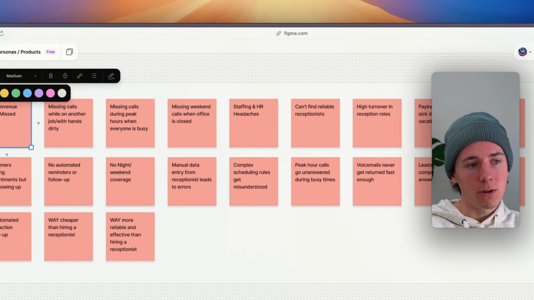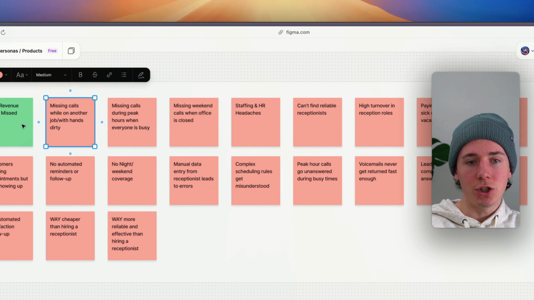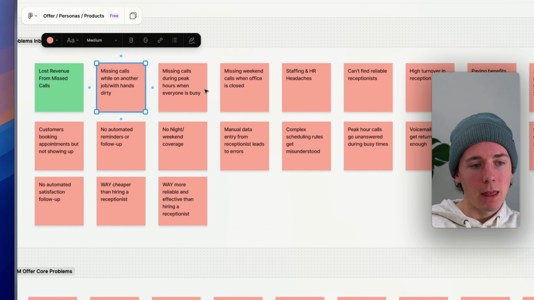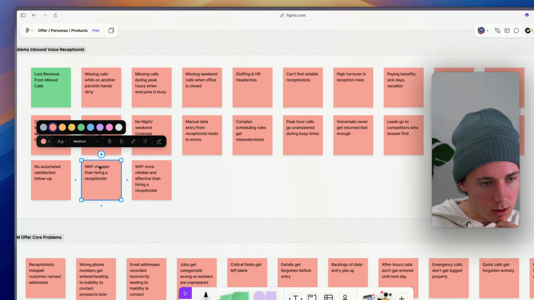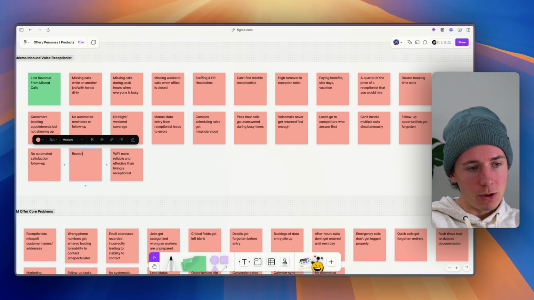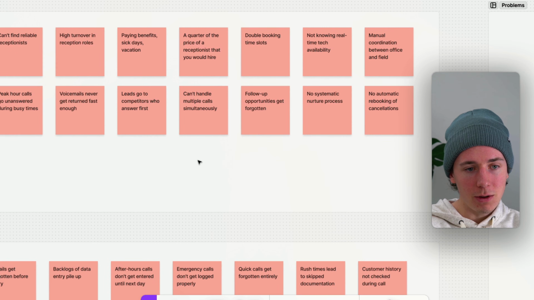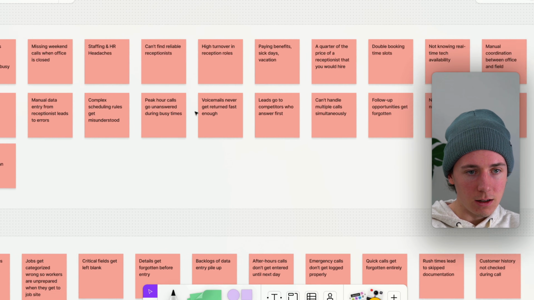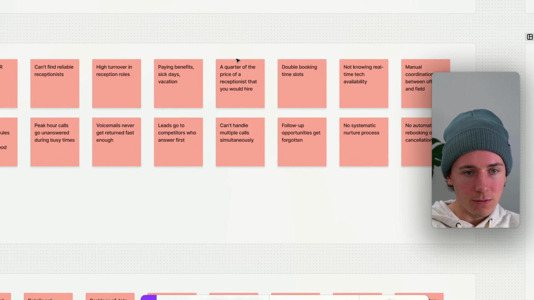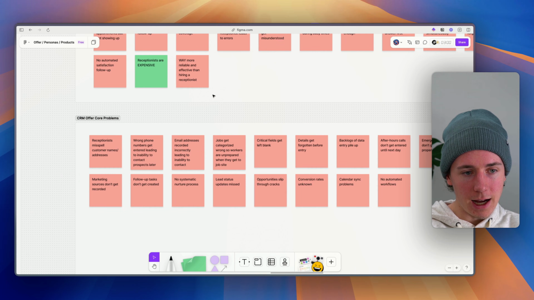So lost revenue from missed calls, I'm going to say that's going to be high up there. I think just missing calls in general. I think receptionists are expensive. That's going to be a huge one. I think HR headaches is going to be a huge one. Where was that at? I think another one's going to be not getting added.